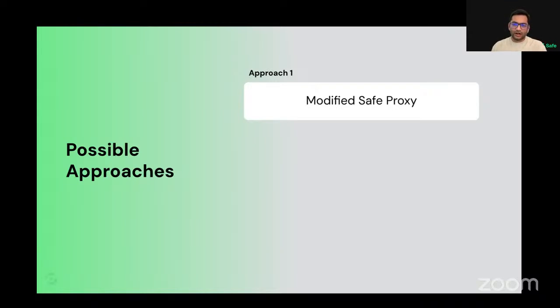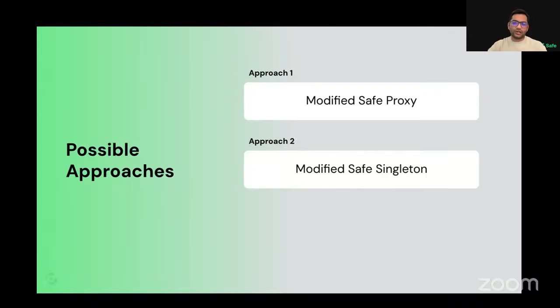By doing this, users' EOAs can delegate to a Safe proxy, which delegates all the incoming calls except the setup call to a Safe singleton. That's approach one. We will go into features and drawbacks of each and code in further slides.